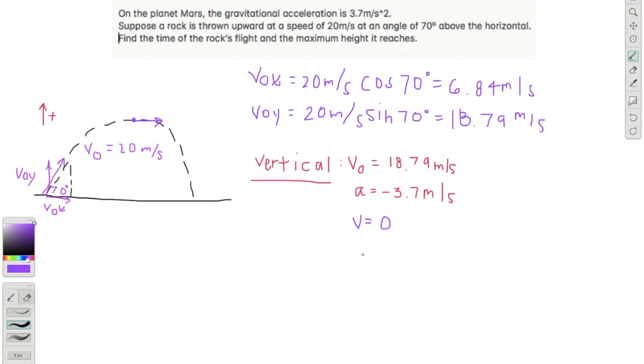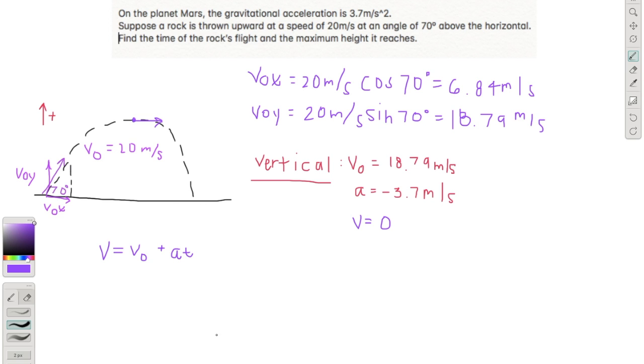Now that we have all the information we can use for an equation, we have the acceleration, negative 3.7 meters per second squared, and the initial velocity. We're going to use the equation v equals v0 plus a times t.